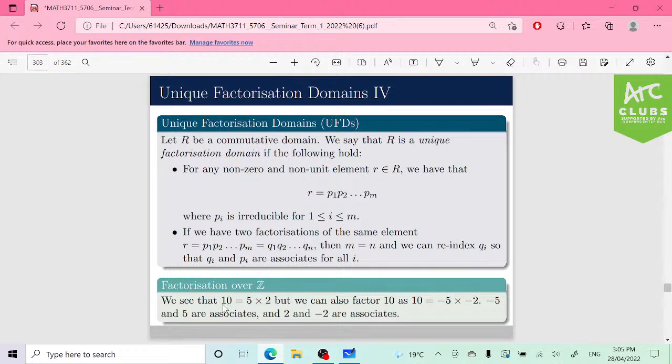So for example, 10 is the same thing as 5 times 2, but we can also factor 10 as minus 5 and minus 2. But it turns out that minus 5 and 5 are associates because they are scaled by minus 1, which is a unit. And similarly, 2 and minus 2 are associates, and remember that they scale by just a unit factor.